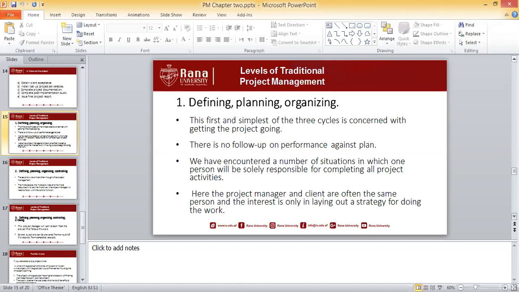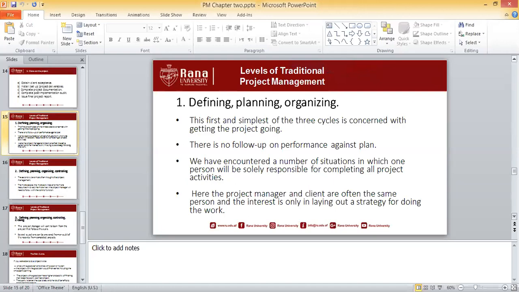He himself develops the policies, and he himself implements the policies. And apart from that, if the department solely and only revises the curriculum, it has to follow the simple form of traditional project management level, that is defining, planning, and organizing.